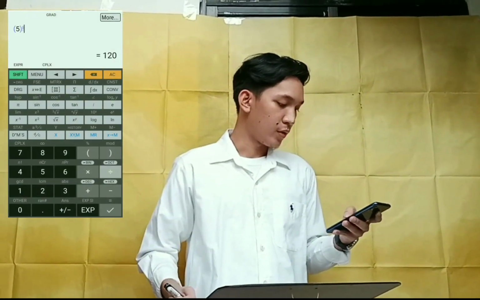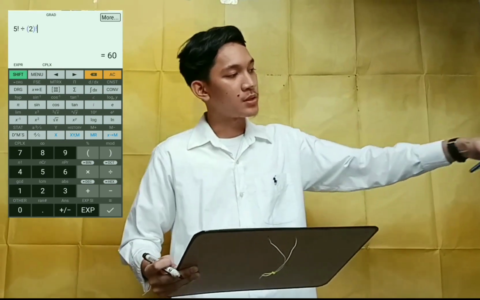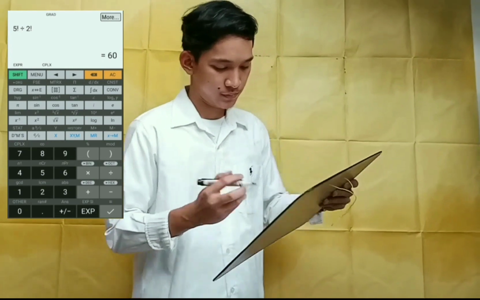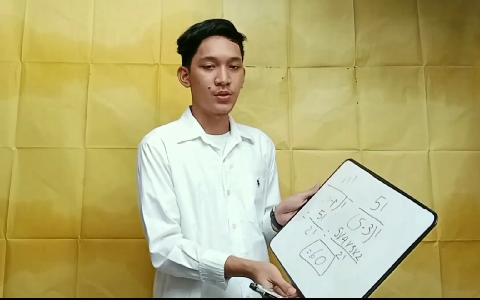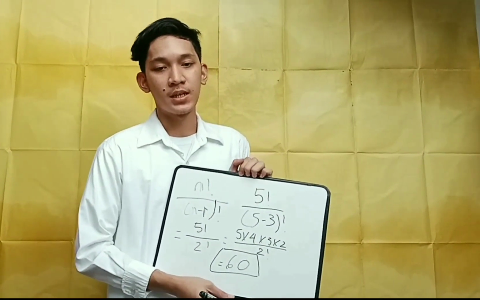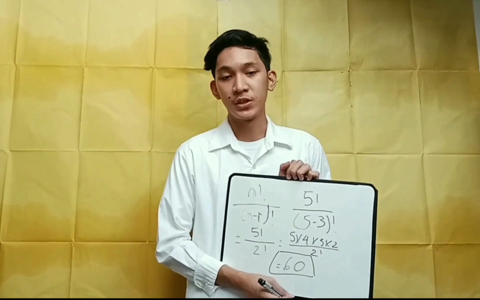I have my calculator. 5 factorial over 2 factorial is equal to 60. So this is the answer for the example problem for the permutation.